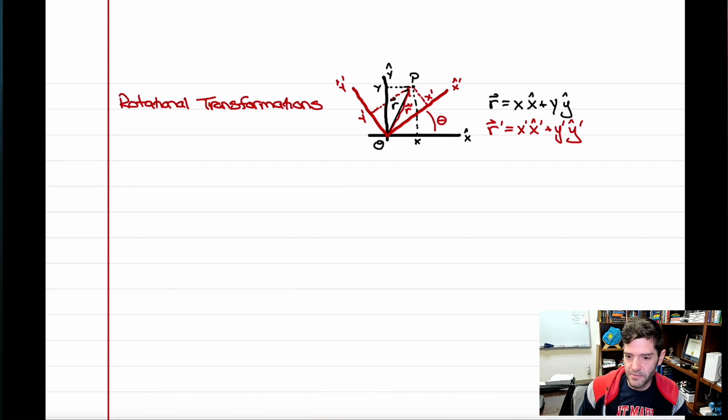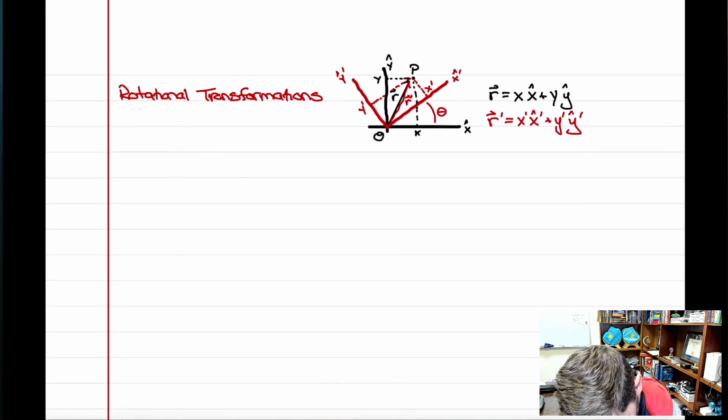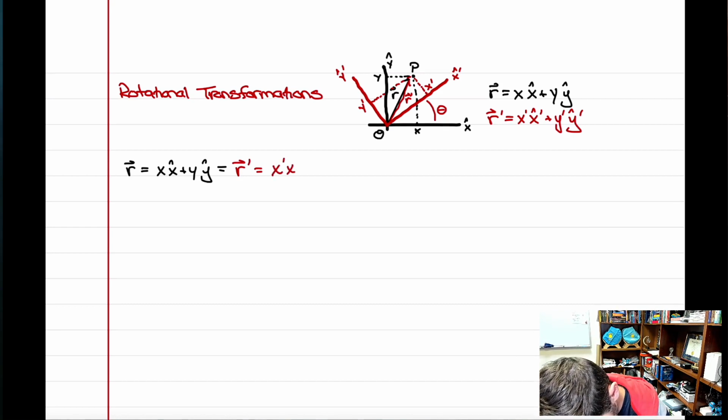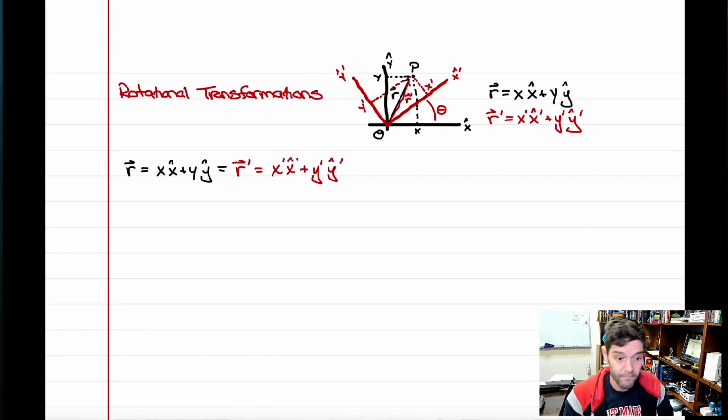So in this case, we have rotated the coordinate system. So what do we know? We know that this position vector, x in the x direction, y in the y direction according to the black, is actually the same as this position vector, which is according to their coordinate axes. So there is an equality there that can be helpful.